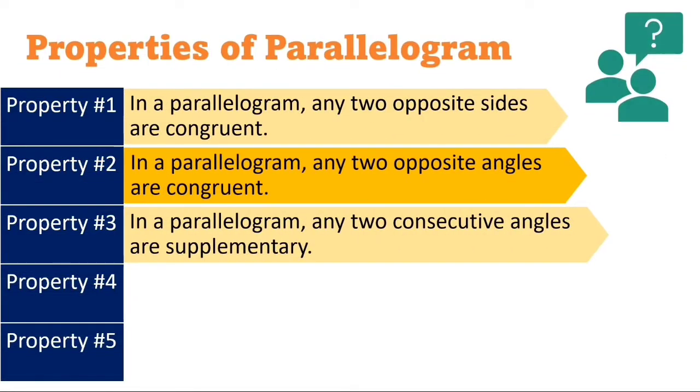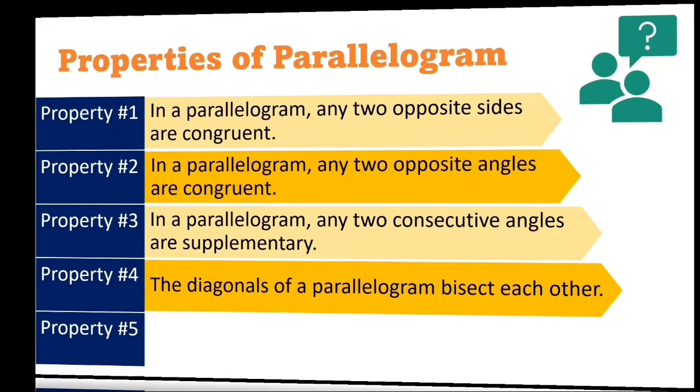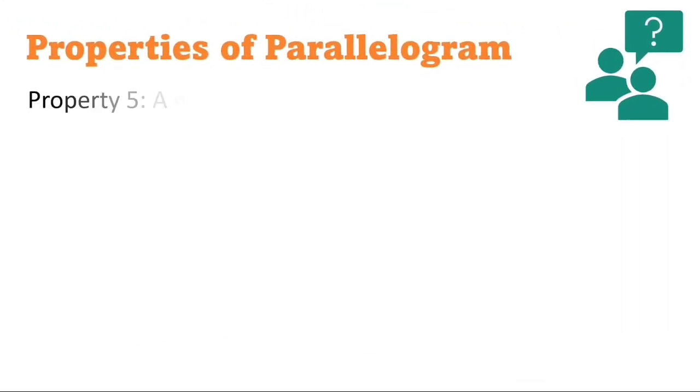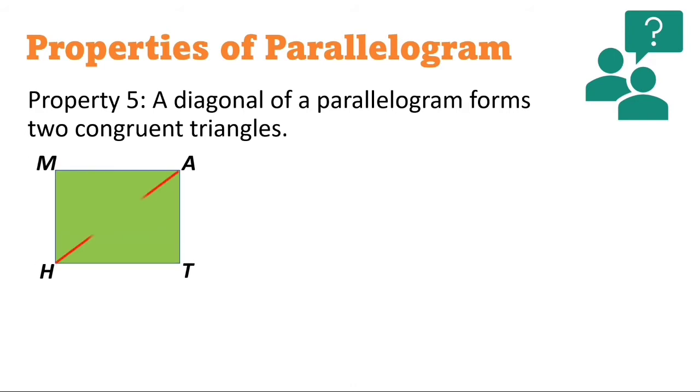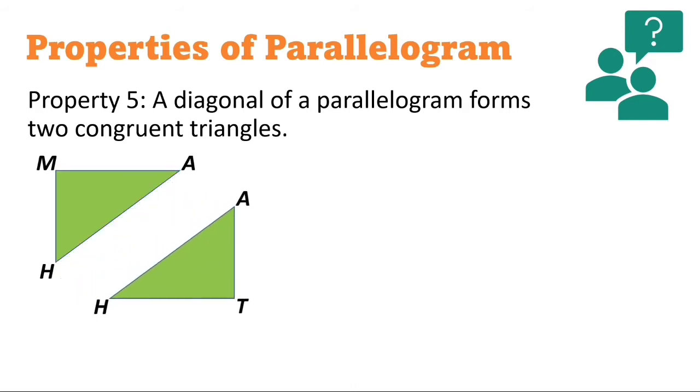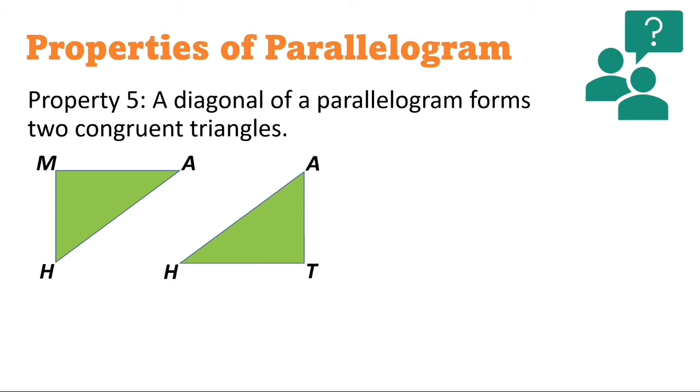Very good, my student. So we are done with properties number 1, 2, 3, and 4. Now let's move on to property number 5. A diagonal of a parallelogram forms two congruent triangles. So when a diagonal is drawn on a parallelogram and cuts it, we can form two congruent triangles.